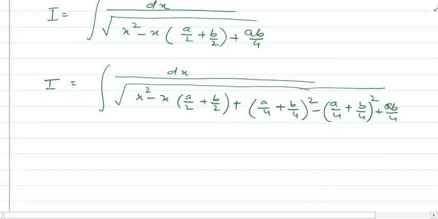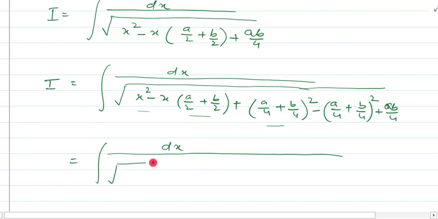Okay. The next is, as we know, these three terms give us a plus b whole square. Here it is a minus b whole square. So we are having dx upon square root of (x minus a upon 4 minus b upon 4) whole square. These three terms give this result to us.